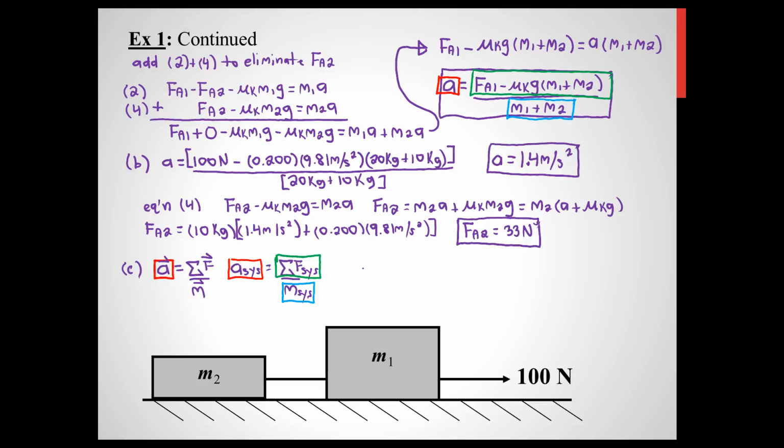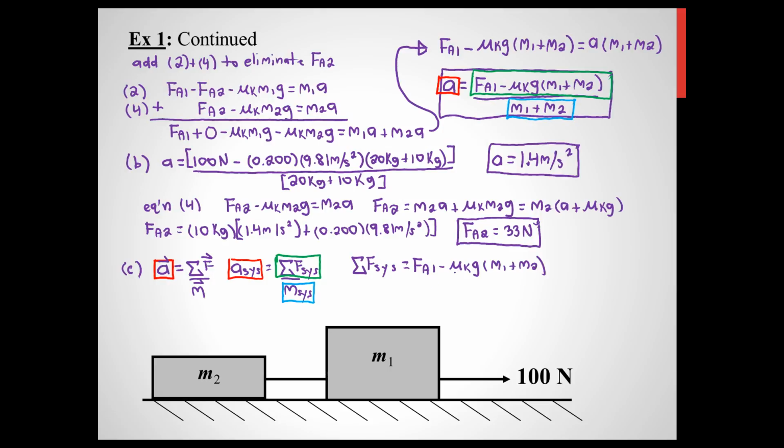Okay, so I know that the net force of the system is equal to what's in the numerator here in green. So that'd be FA1 minus mu k g (M1 plus M2).